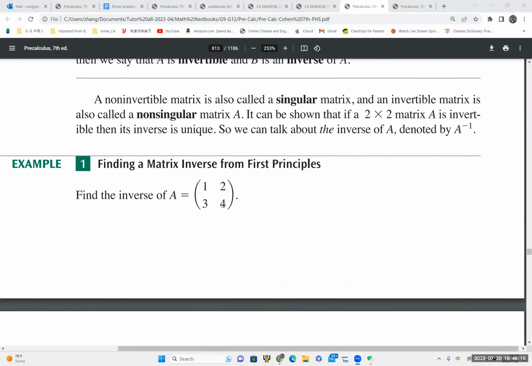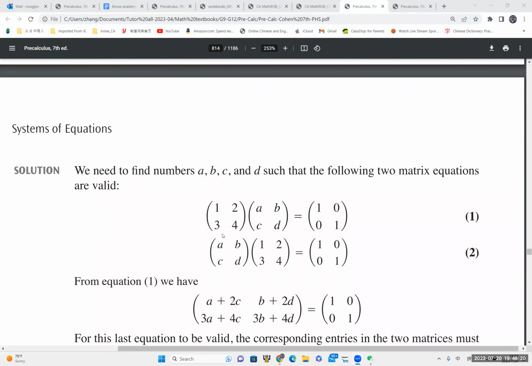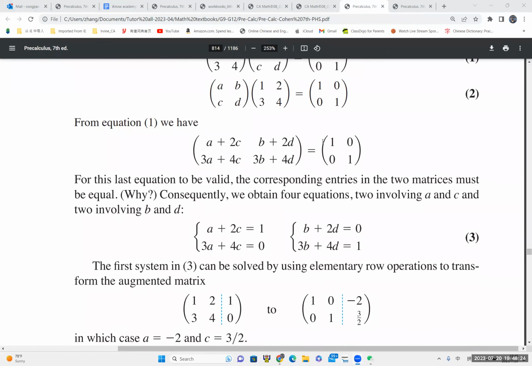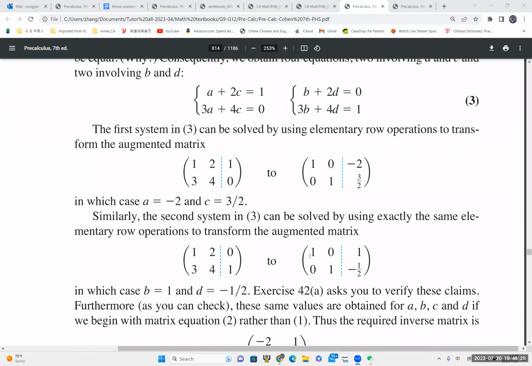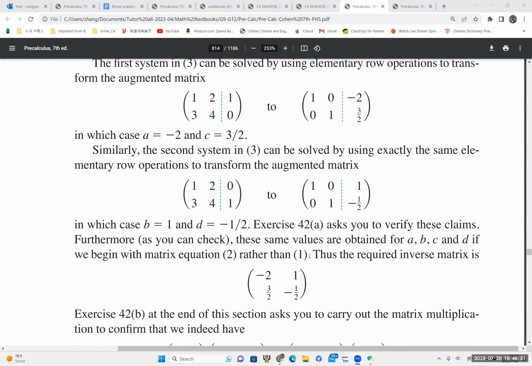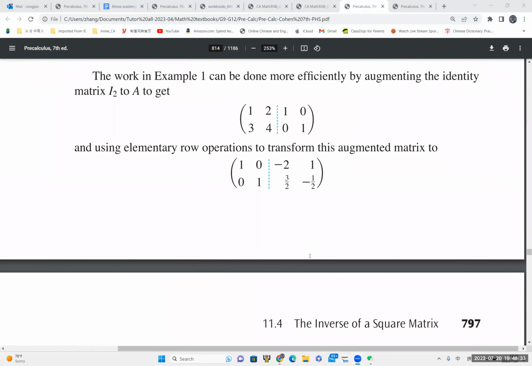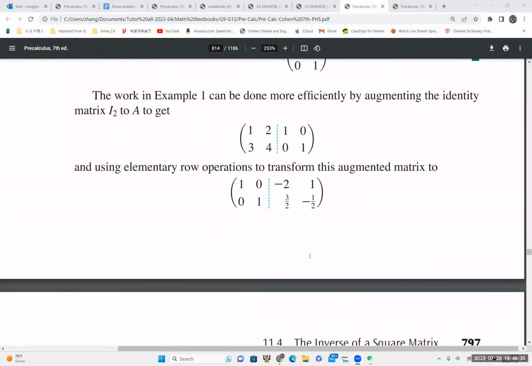Find the inverse of the matrix. Yeah, you just suppose it's a, b, c, d, then go back to solve for a, b, c, d.